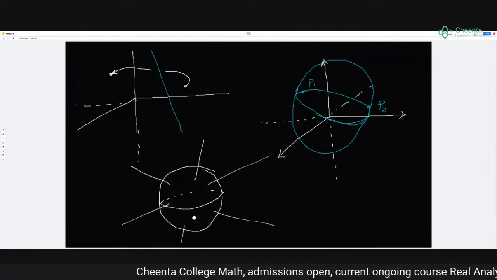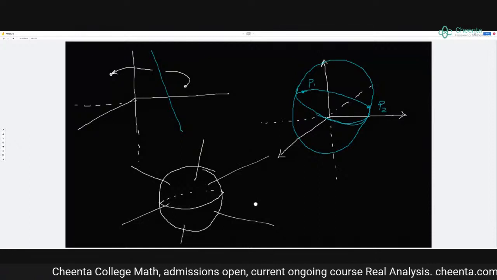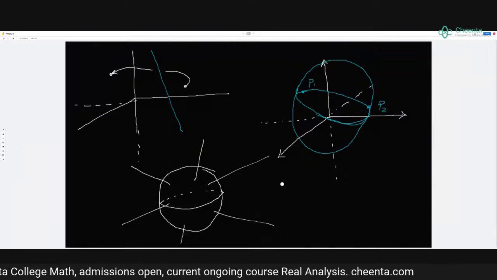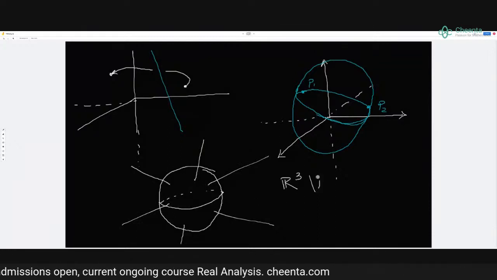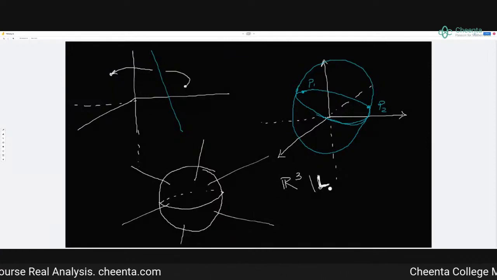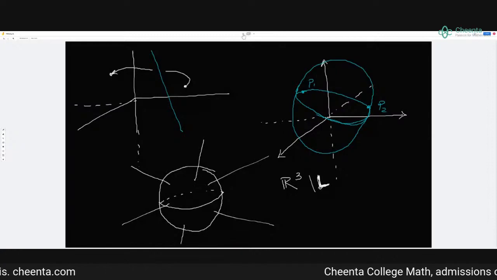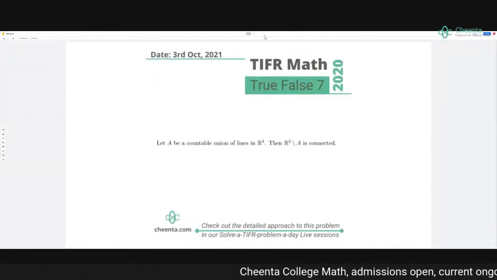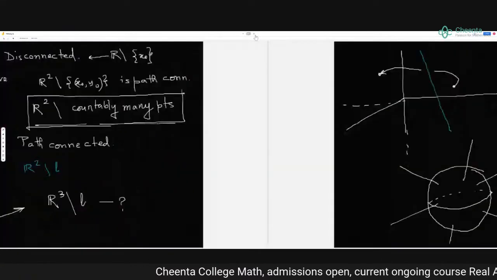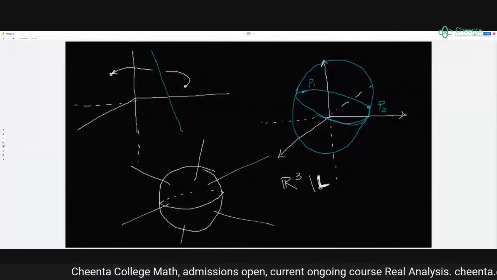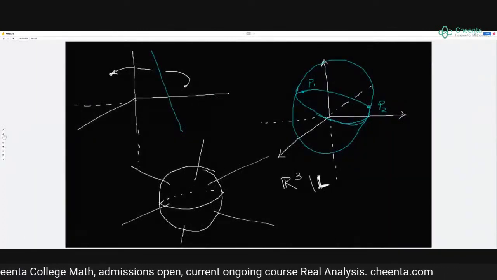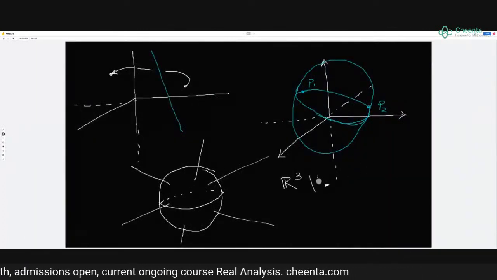Let A be the countable union of the lines.